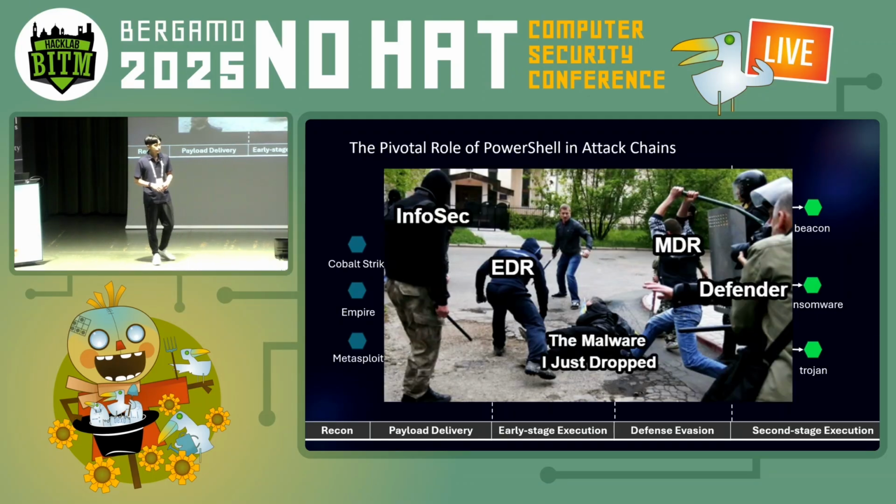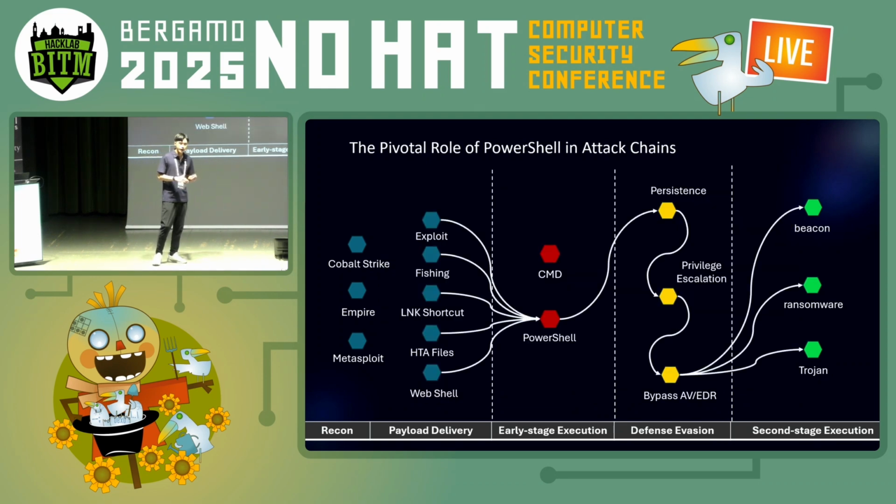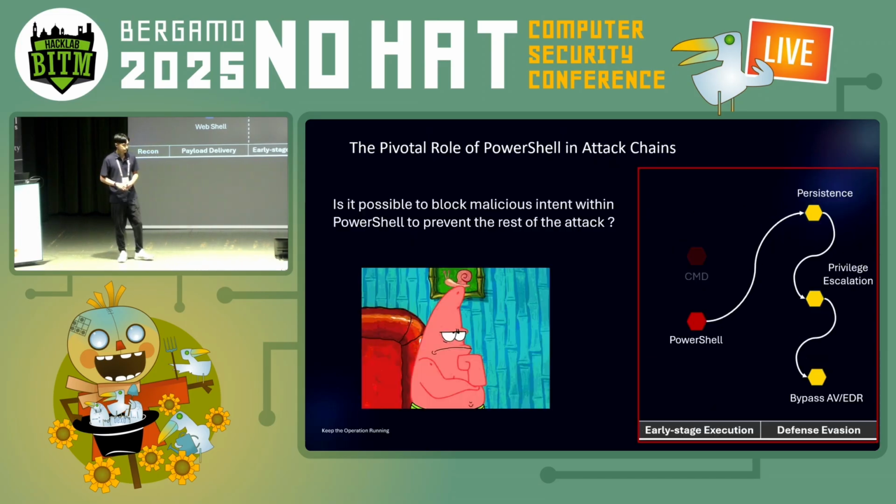However, defenders like EDR, NDR, or antivirus are already watching that and will block it. So typically, attackers will use PowerShell to perform persistence and privilege collection and, most importantly, bypass the antivirus and the EDR before they drop any malware.